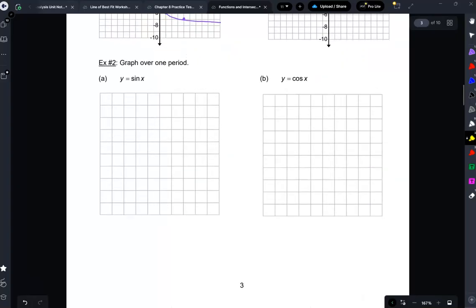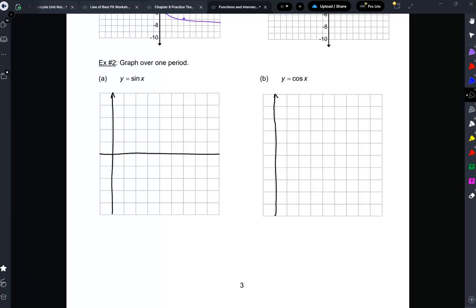Sine of x. You guys remember how to graph sine and cosine? Let's do it quickly. So let's do the y-axis for both of these. Let's do the x-axis. So this is 0, pi over 2, pi, 3 pi over 2, 2 pi. If this is sine, this is 1 and negative 1.